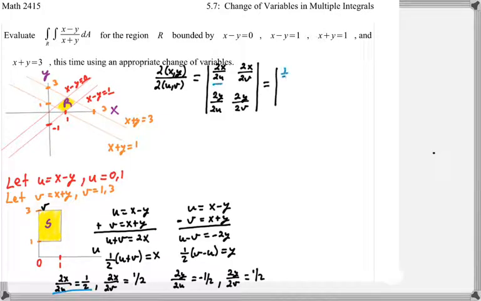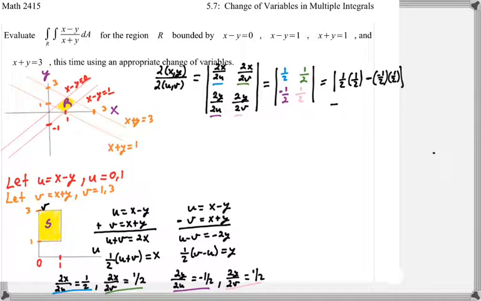So it's going to be equal to 1/2, negative 1/2, 1/2, and 1/2. Then we take the determinant of this. So 1/2 times 1/2, minus negative 1/2 times 1/2. What we get is 1/4 plus 1/4, which is 2/4, and that reduces to 1/2. And that's our Jacobian.